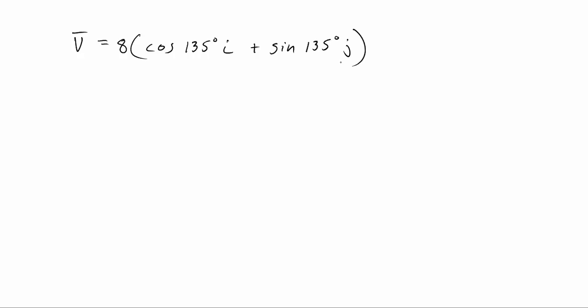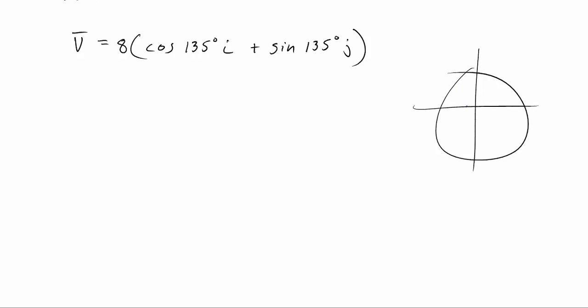So here again, the cosine, or the i, represents the horizontal, the x component. The sine of 135, j, represents the vertical, or the y component. And the 8, now if we think of this as cosine 135 and sine of 135, in terms of our unit circle, that's giving us the angle.